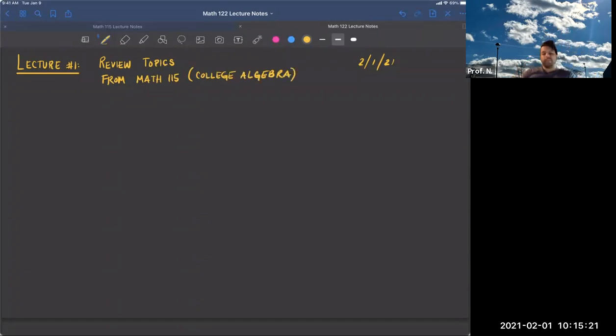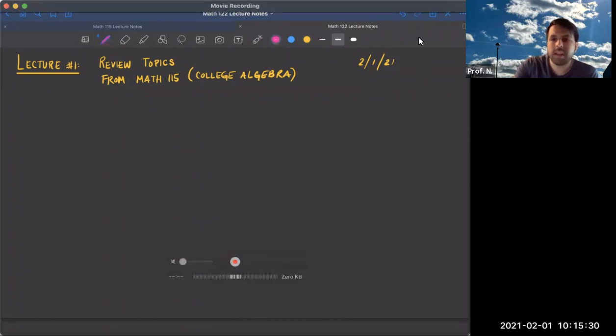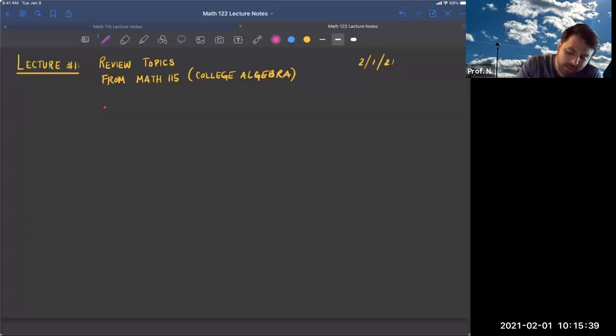So college algebra, right? A lot of things in college algebra can be summed up. We can sum college algebra in Math 115 in pretty much 3 bullet points. The first thing is you pretty much learn 3 skills in Math 115, and that's simplifying. You learn to simplify nearly everything, right? Simplify what?